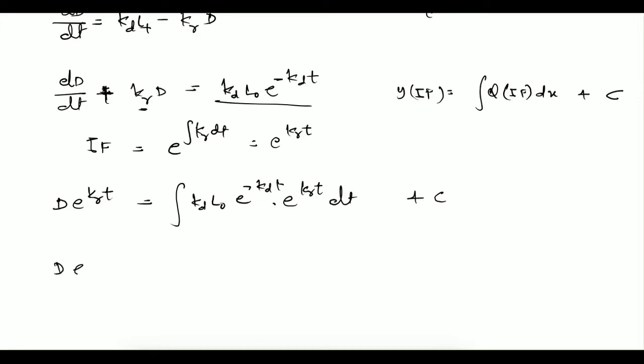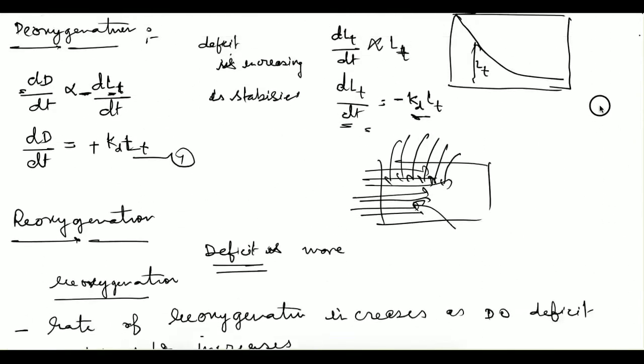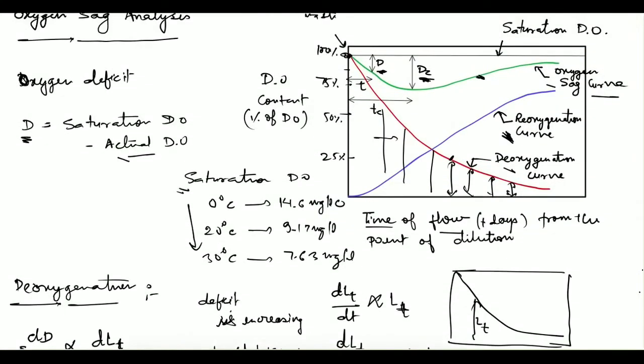If you integrate this, D e to the power kr t is equal to kd L naught divided by kr minus kd into e to the power kr minus kd into t plus c. This is the equation. Now to find the value of the constant, consider t equal to 0. Initially, when we are just introducing waste, it is not necessary that the DO is equal to saturation DO.